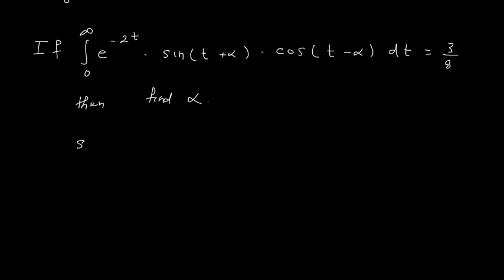Here it is not sine a cos a, here it is sine a cos b. So what is the formula of sine a cos b?